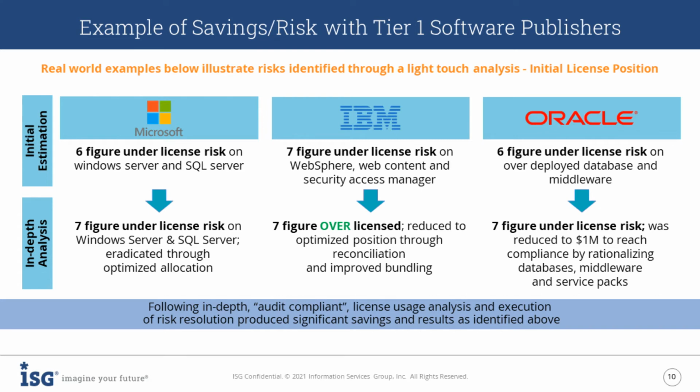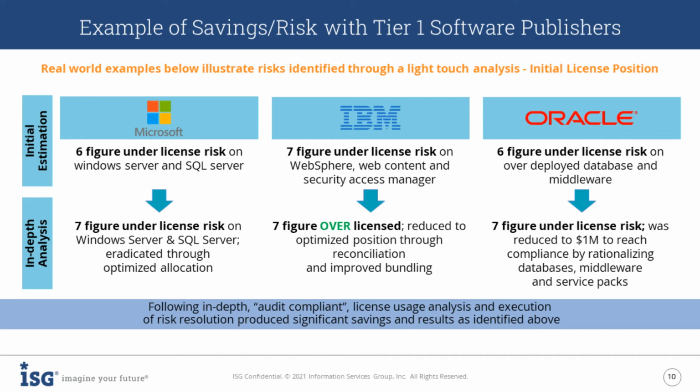In each one of these cases, I used primary vendors, Oracle, Microsoft, and IBM as examples. An initial license position was performed, which included looking at entitlement and then also looking at the deployed software environment for the enterprise. In each one of these scenarios, you can see an under-license risk was noted to begin with as these environments were looked at.